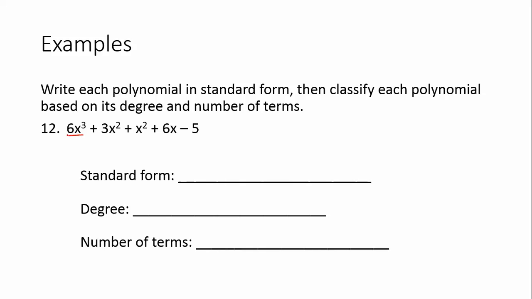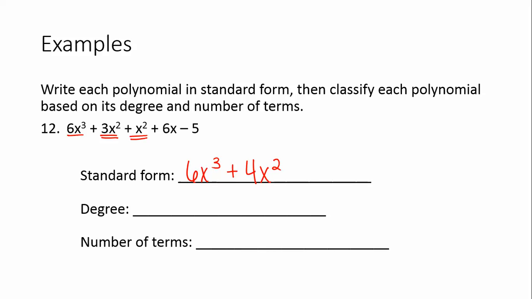So we have a 6x cubed and nothing to combine with that. And that goes first because as I look across, I can see that 3 is my highest exponent. Now we have 3x squared and x squared. So when I combine 3x squared plus x squared, I get 4x squared. Be very careful here. This is a little bit different from what we were doing in the beginning of this chapter. You are not adding those exponents together because we are just combining like terms.